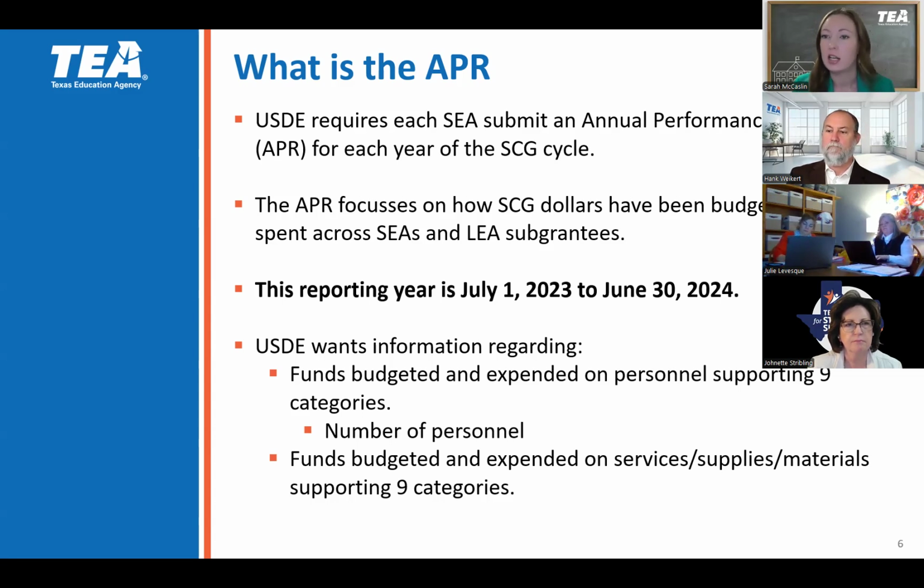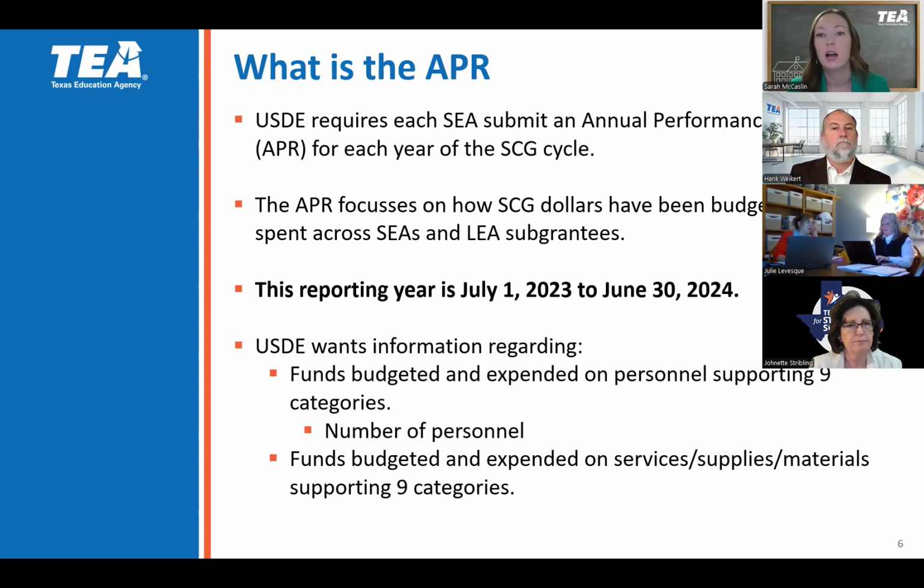The very, very important thing to remember is that USDE is 1 year behind when it comes to reporting on the Stronger Connections grant. So what we submit to them later this spring is actually for July 1st, 2023 to June 30th, 2024. So when you're compiling what funds have been budgeted and spent, it is important to distinguish that it's only dollars budgeted and spent between July 1, 2023 and June 30th, 2024.